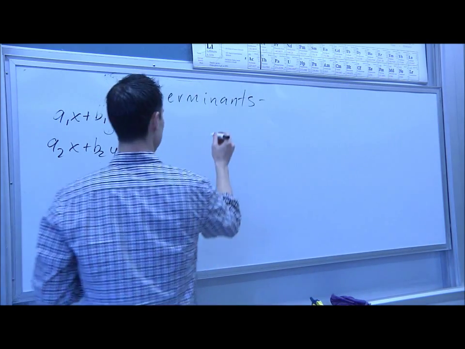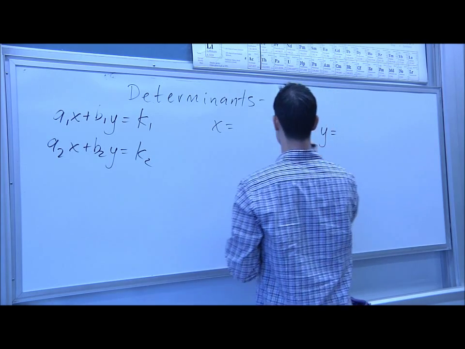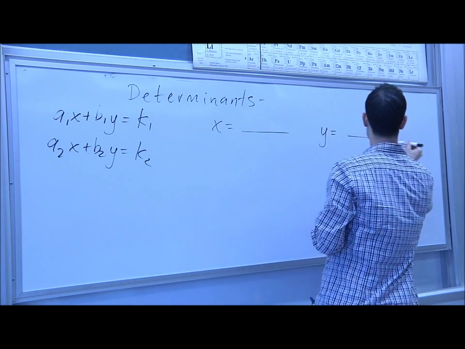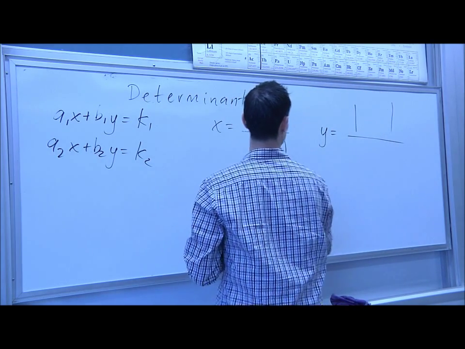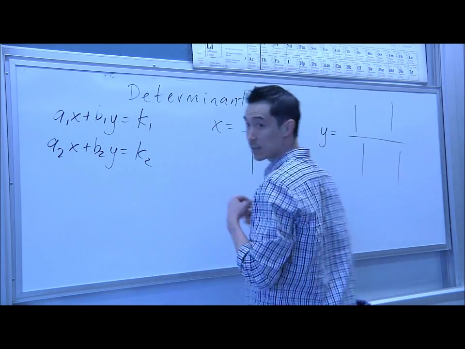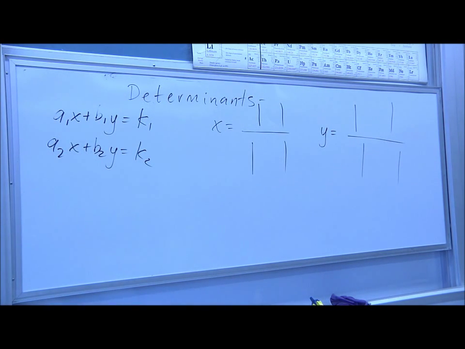This is the solution to this. X equals and Y equals. They're going to have a determinant in the top and a determinant in the bottom. That's the first thing, okay?